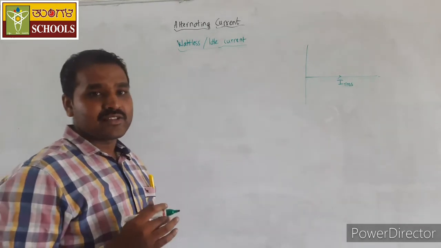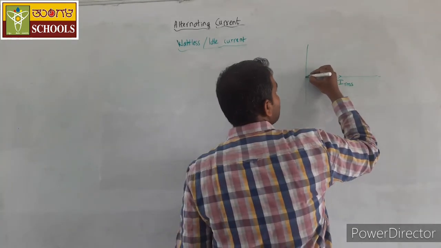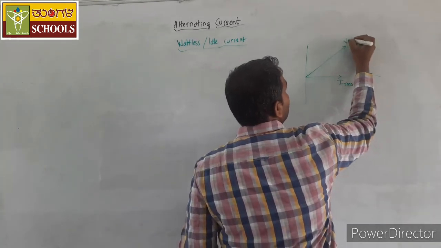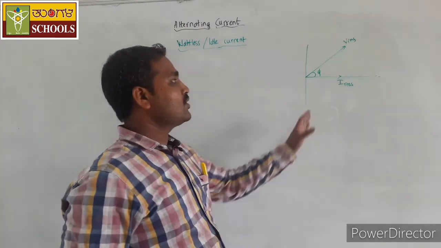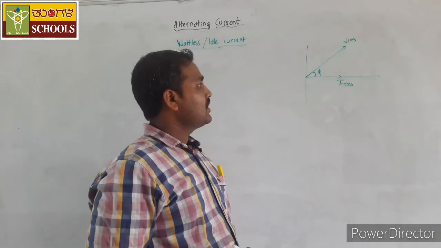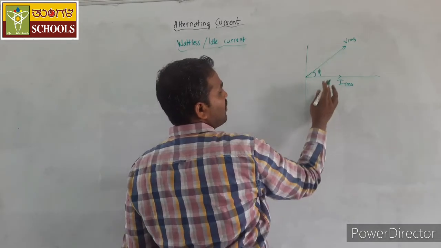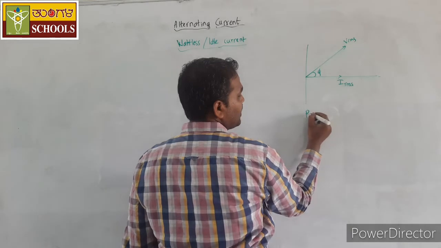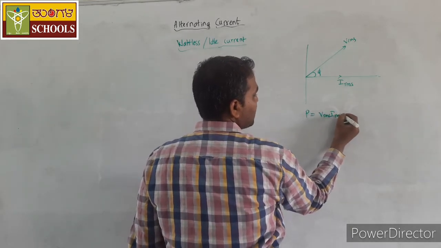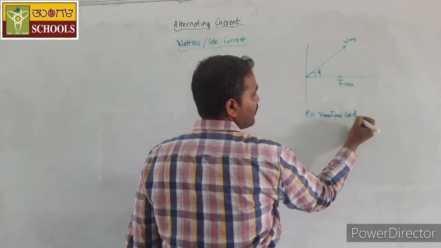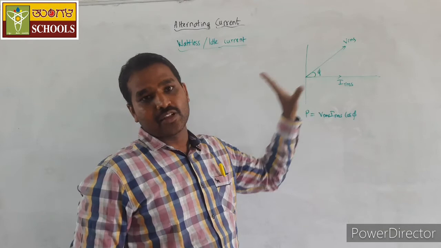Let us assume at time t that voltage VRMS is at a phase angle difference of phi with respect to IRMS. Then the power consumed in this circuit is given by P is equal to VRMS into IRMS into cos of phi, where cos phi is the power factor in that circuit.